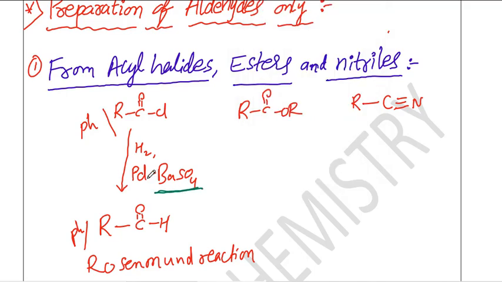The substances which reduce the catalyst property are called poisons. The substances which increase the catalyst properties or support the catalyst are called promoters. Okay, promoters, and this one is poison.